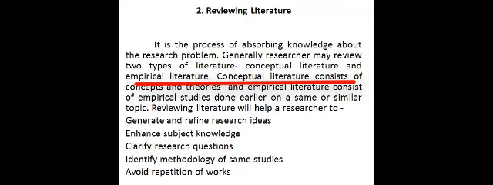Reviewing literature will help a researcher to generate and refine research ideas, to enhance subject knowledge, to clarify research questions, to identify methodology of same studies, and to avoid repetition of works.